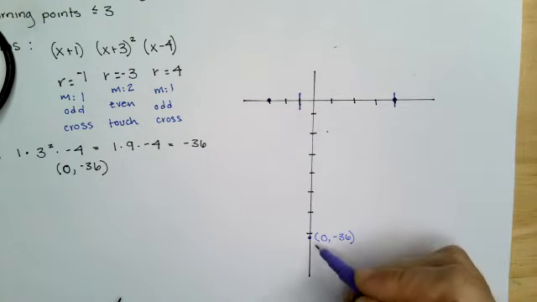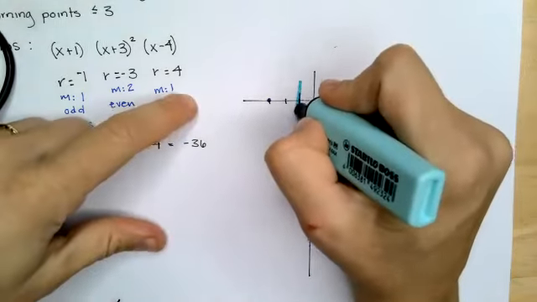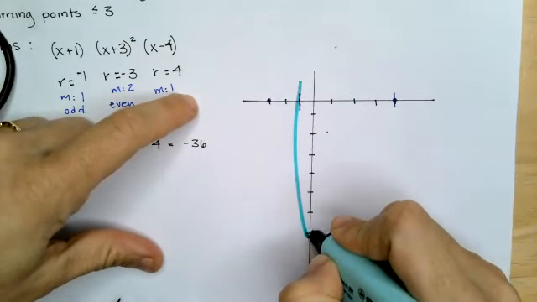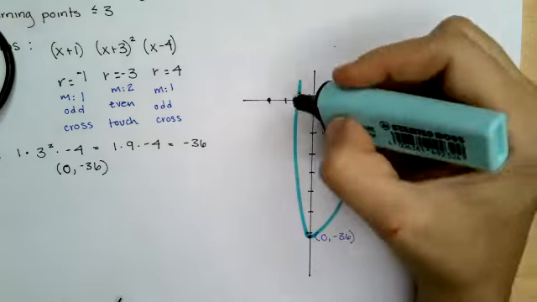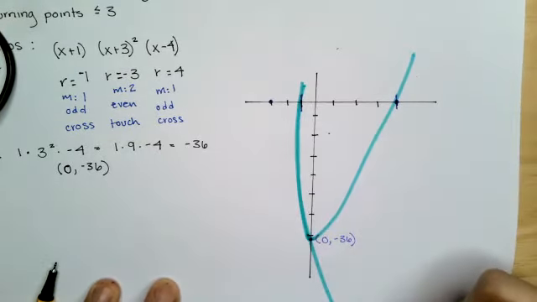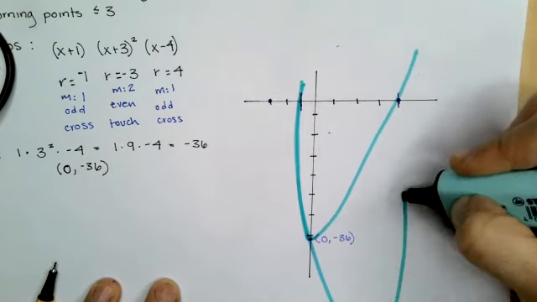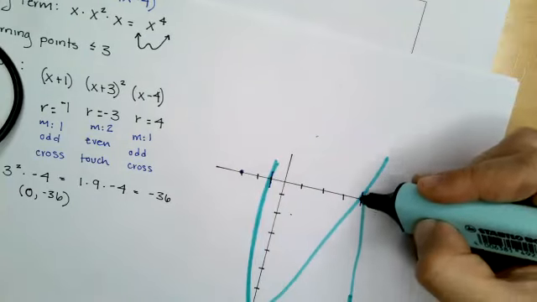All right. From 0, -36, I like to start there because I know what I can do from there. It's not very beautiful. Okay, so if it was sharp like that, it probably means I'm going way, way down. We don't know where the bottom of it is. And then we come back up.